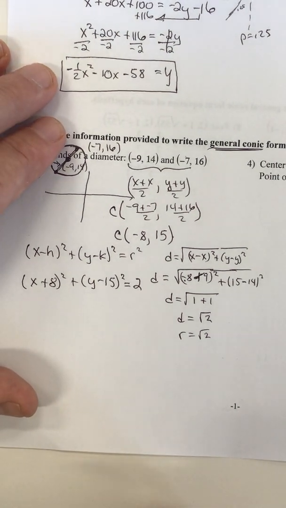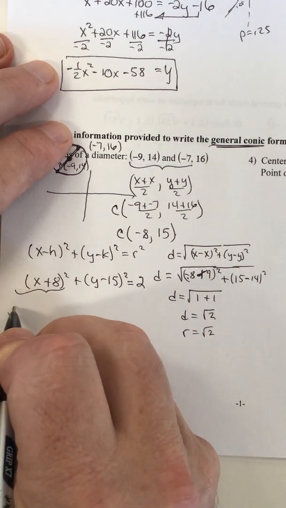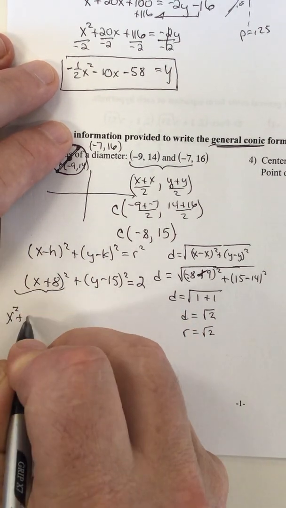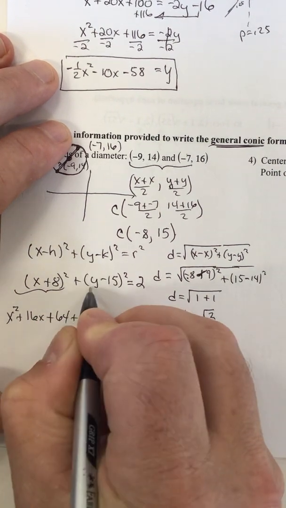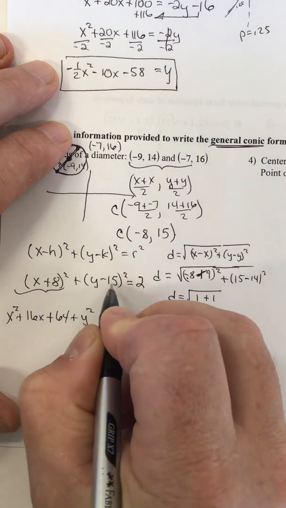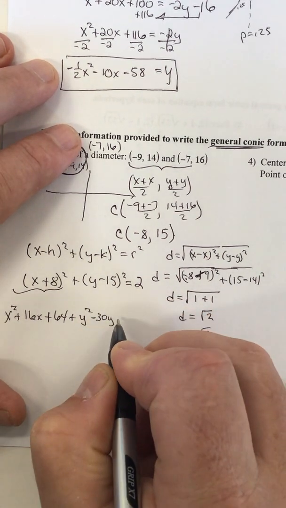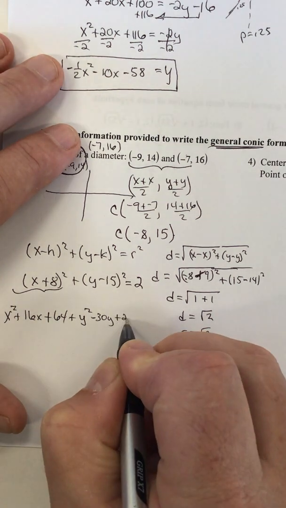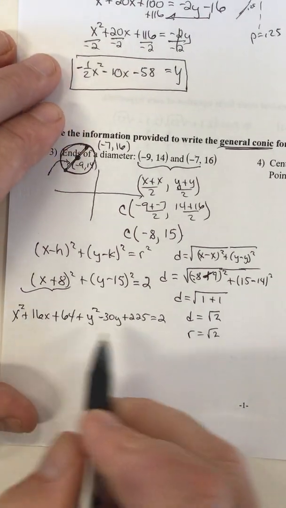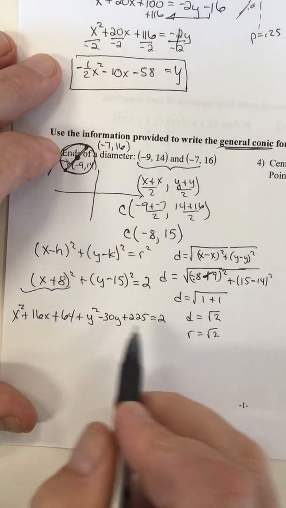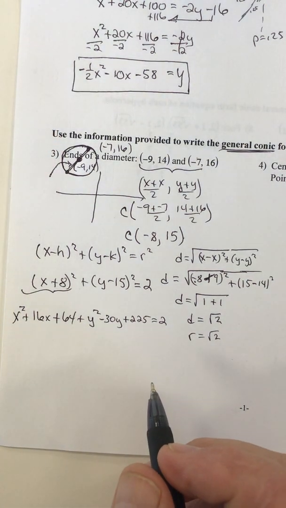Okay, now all we have to do is multiply it all out, and we have this equation. So this piece, first term squared, 16x doubled, and then the last piece squared. Here, the first piece squared, -30y doubled. -15 times -15 is positive 225 equals 2. Now you don't solve these for a letter typically. We just put it all in order and set it equal to 0.